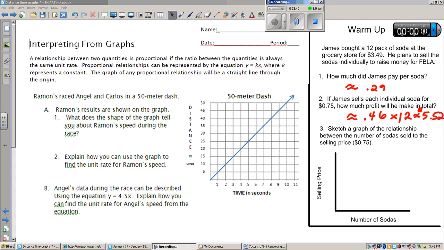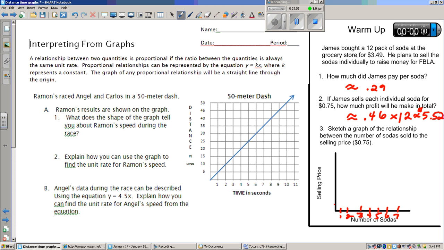Okay, so let's go ahead and label our graph. Number of sodas, we'll just increase this by 1 will be our units. And this is just a sketch. So on and so forth.